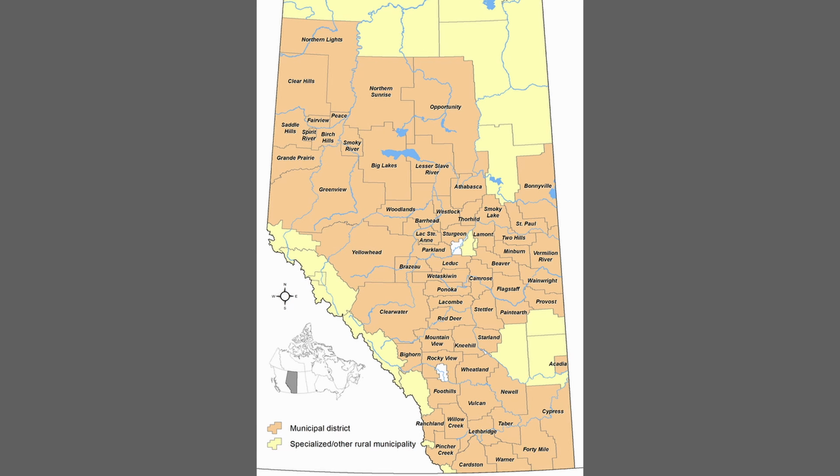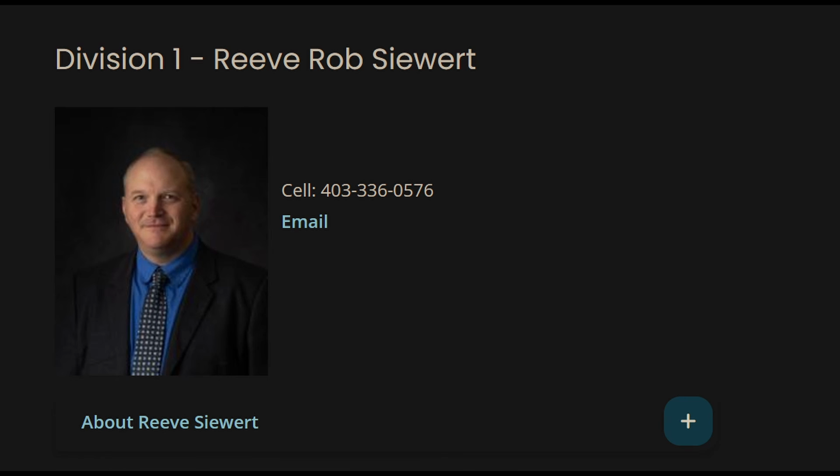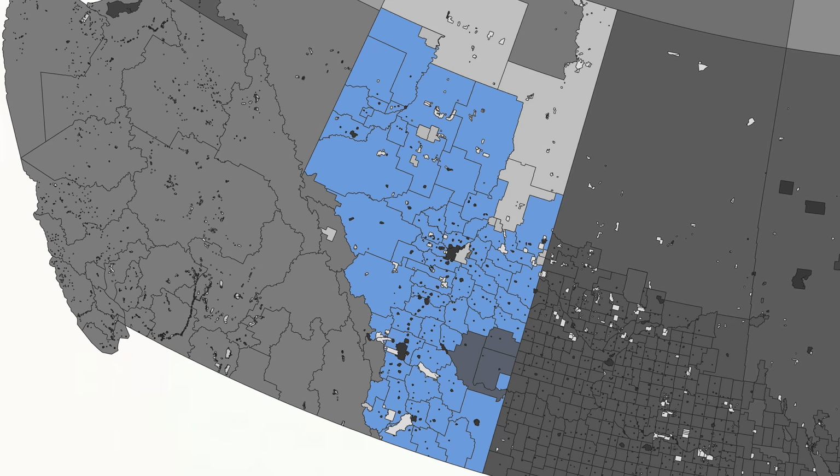There are currently 64 municipal districts, and one way they differ from urban municipalities is that they are managed by a reeve instead of a mayor. And these reeves are elected by councillors instead of the people directly.